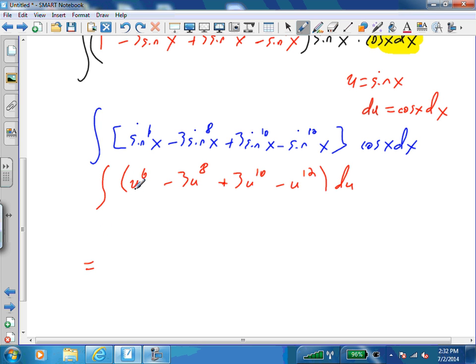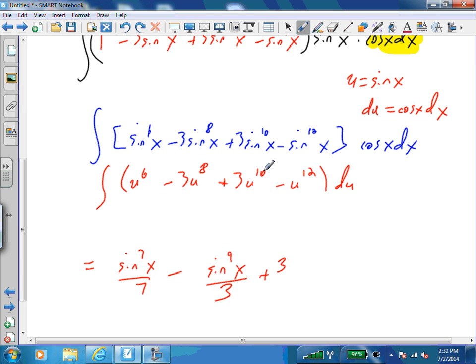So when we integrate that, that'll be u to the 7th over 7. So sine to the 7th x over 7. Then 3u to the 9th over 9. So when we do that to the 9th, that'll be sine to the 9th. When we divide that by 9, 3 over 9 will reduce to 1 over 3.